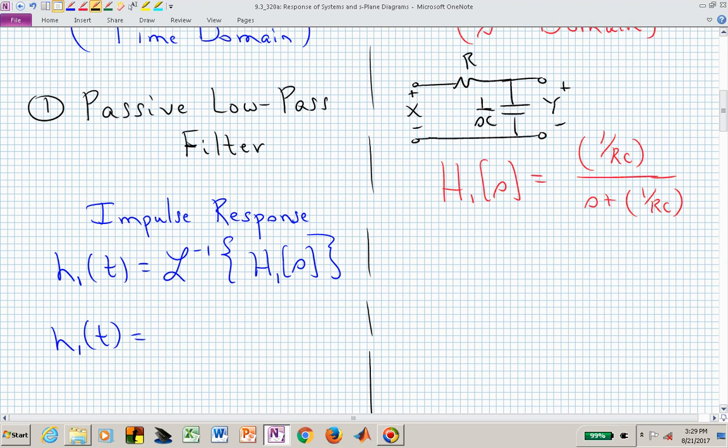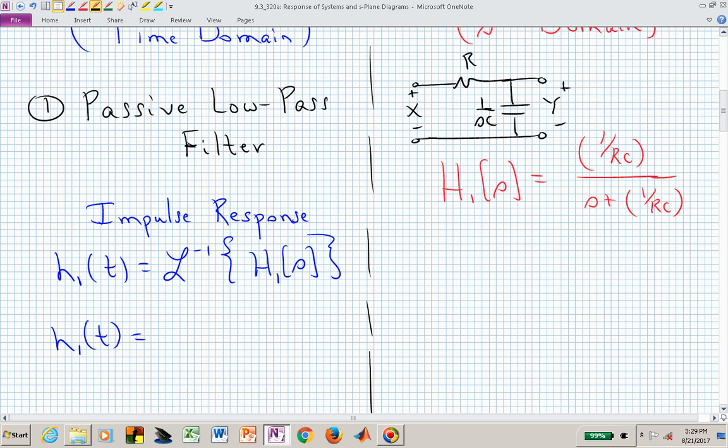And remember what an impulse does: the impulse waveform really just energizes the energy storage devices in the circuit. So we've now charged up the capacitor, and beyond t equals 0, we want to see how that energy dissipates in this circuit, or what y of t looks like once we've energized that energy storage device. What is h sub 1 of t?